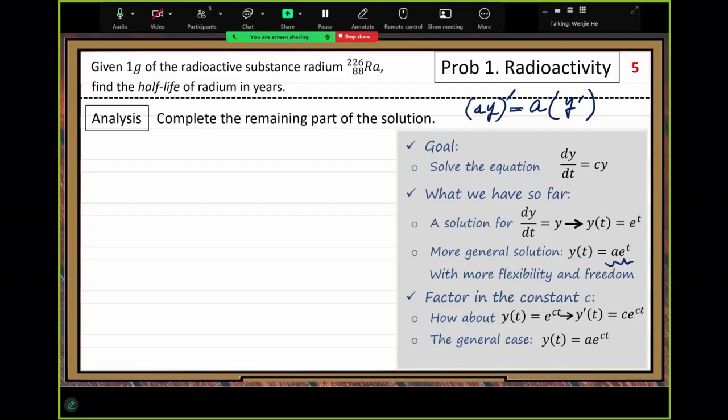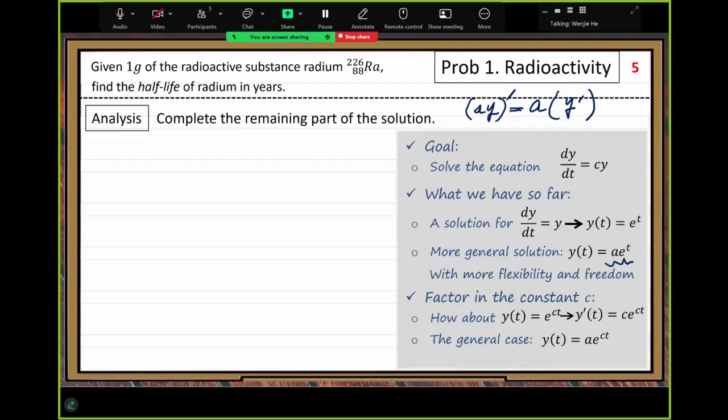Finally, we get it. That a is undetermined. Because c is given, we do not treat c as undetermined, but this a is undetermined.